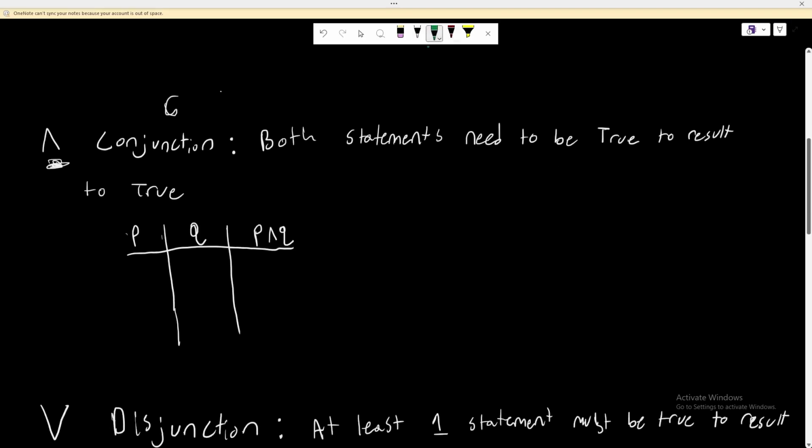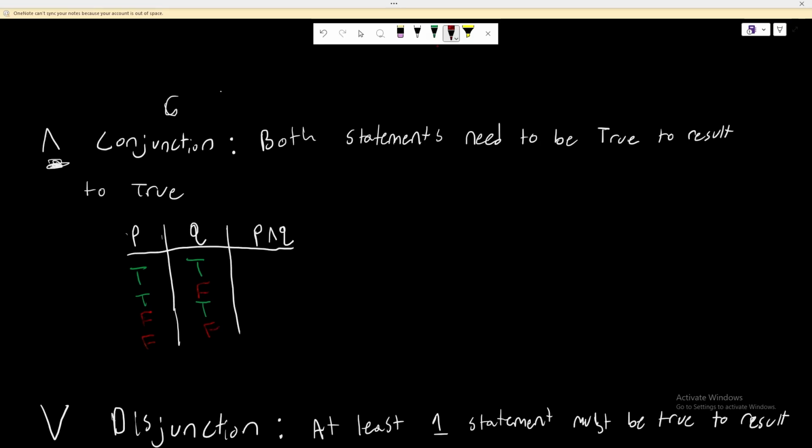So since we have two statements, we'll have four values. So P will be true, true, and then false, false. The reason why we have four is we are drawing up all possible combinations of both of these statements. So it could be true, true, it could be true, false, it could be false, true, and it could be false, false.